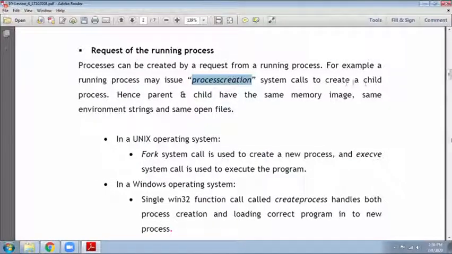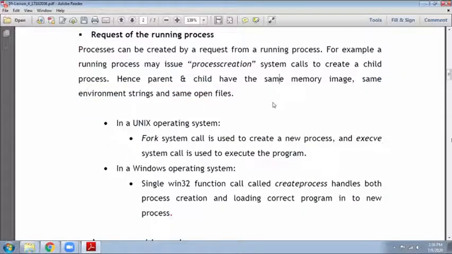So system calls create a child process. And the parent and child have the same memory image. This is important, okay? Parent and child have the same memory image, same environment strings and same open files. So they are sharing the same things, parent and child process.